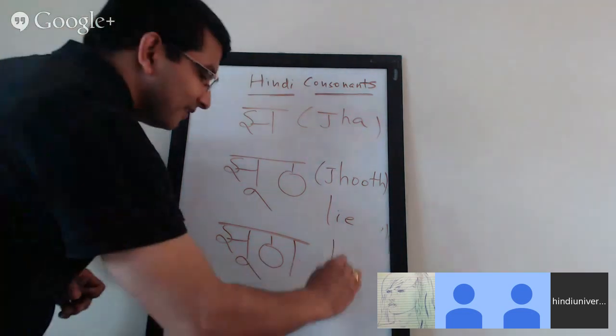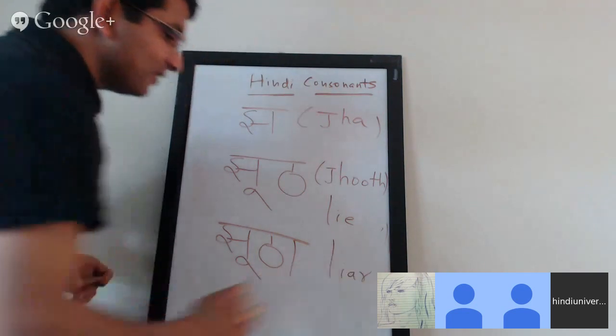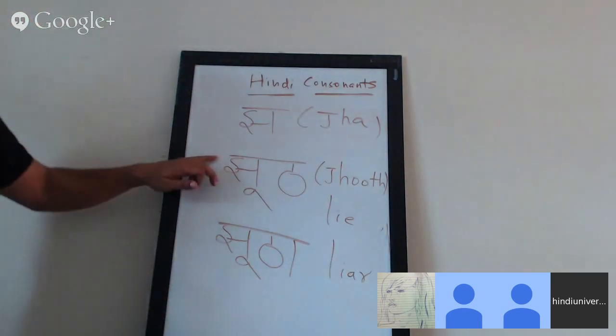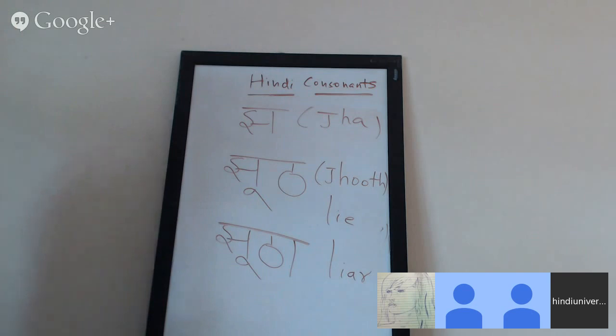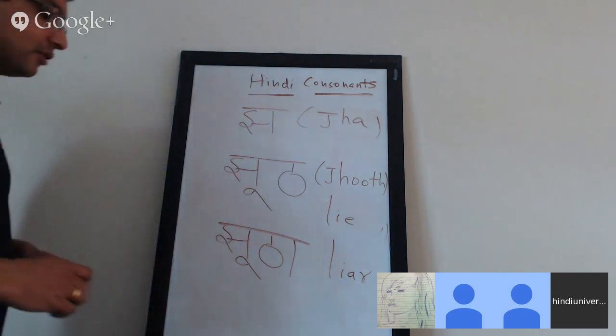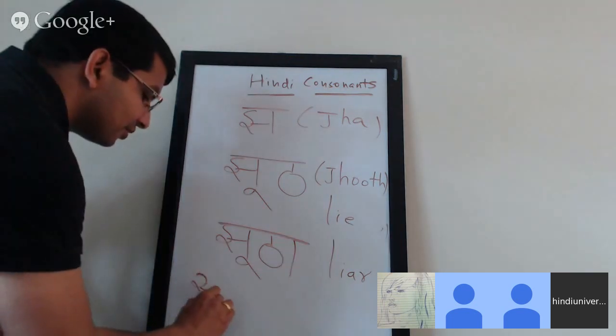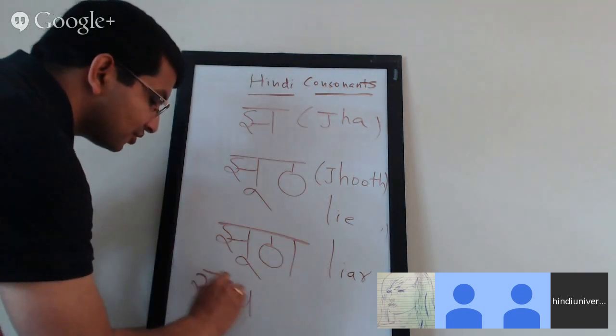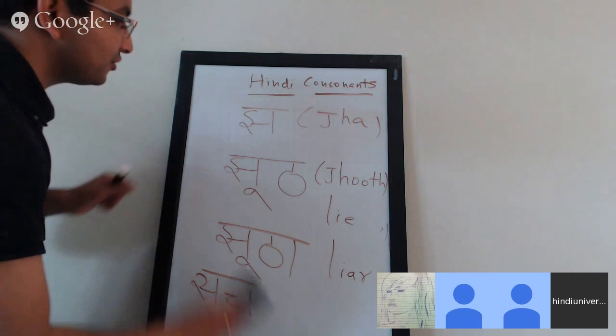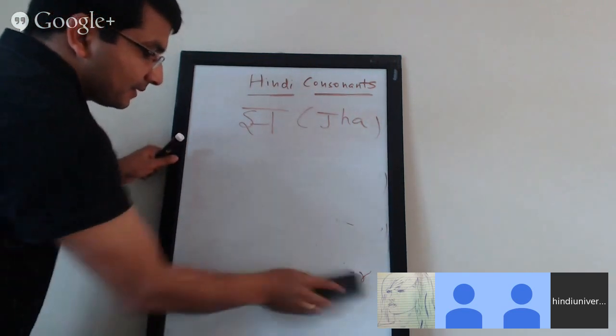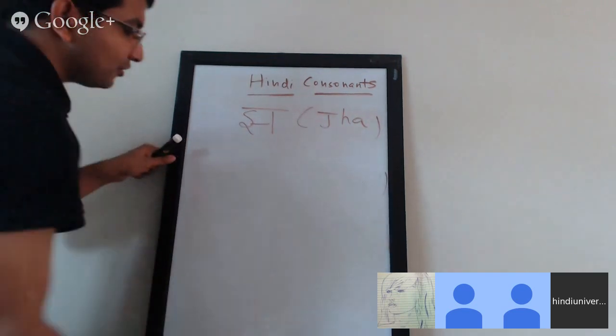Liar. Excellent. So jhooth is your lie. Jhootha is your liar. Right? Similarly, just a quick variation. If you say sach, it is your truth. Sach. I'll actually write it down. The opposite of jhooth is sach.